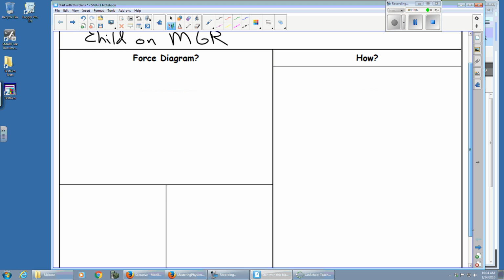I'm going to draw it from a side view, kind of like the one that we had yesterday, where we had the merry-go-round looking like this, with an axis through the center, and here's our child sitting on it, little box. And we'll assume that the merry-go-round is rotating in that direction.